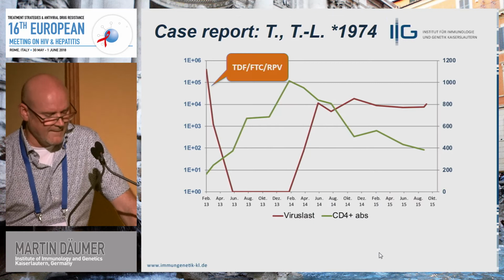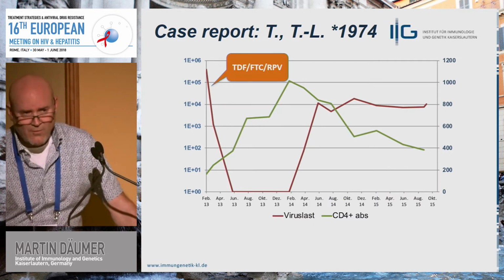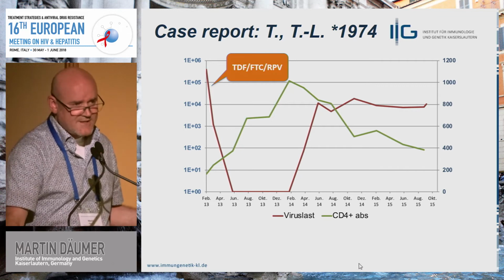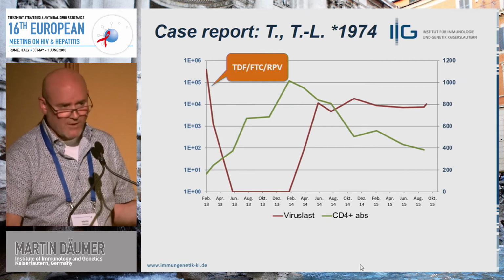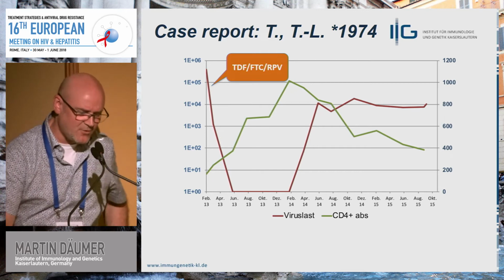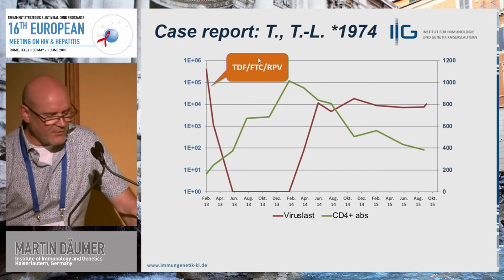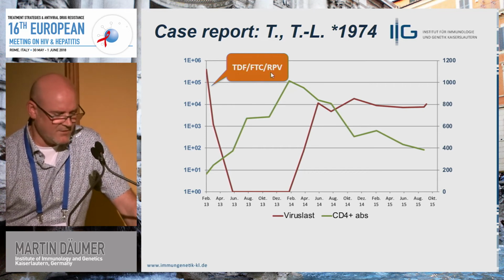PCR. So, a case report which should show that mutations as low as less than 1% may have an impact on the outcome. And this is the story of a patient who was initially treated with tenofovir, FTC, and rilpivirine.